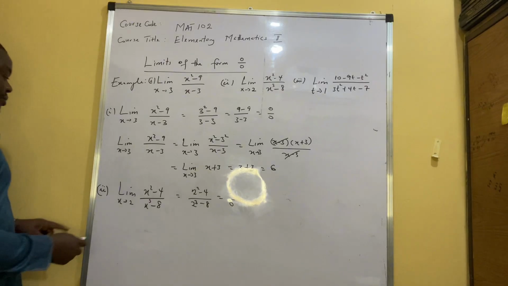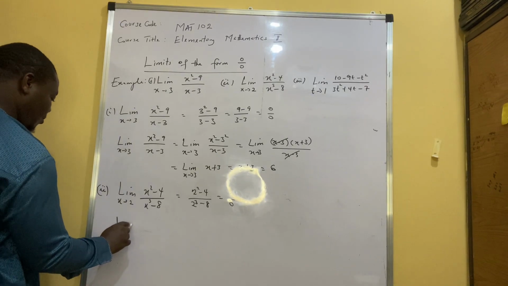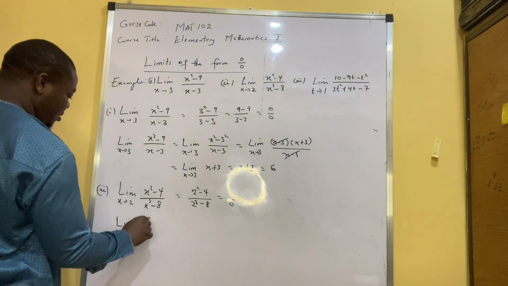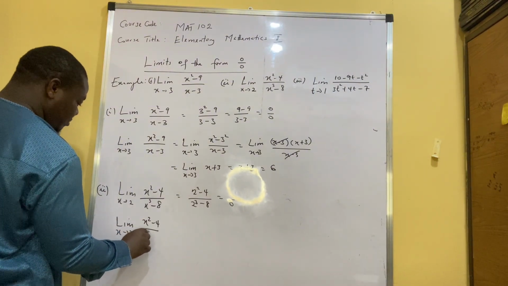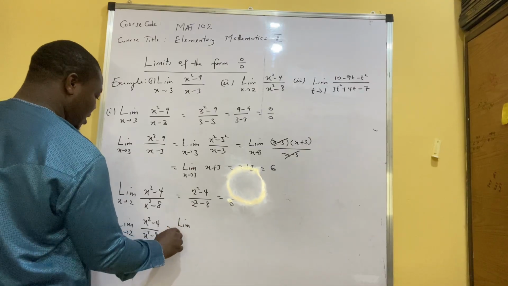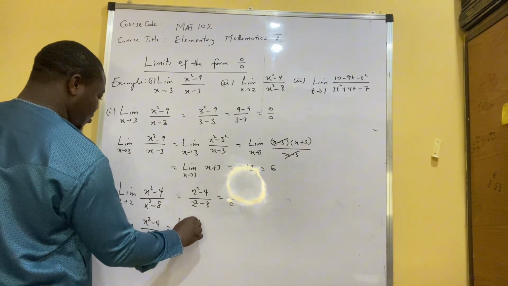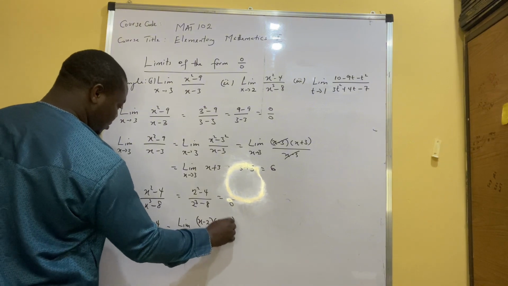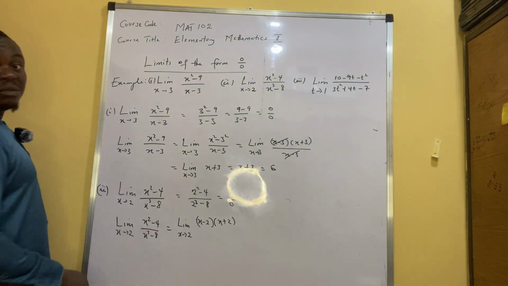So we have the limit as x tends to 2 of x squared minus 4 over x cubed minus 8. This is equal to the limit as x tends to 2 of x minus 2 times x plus 2, from our knowledge of the difference of two squares.